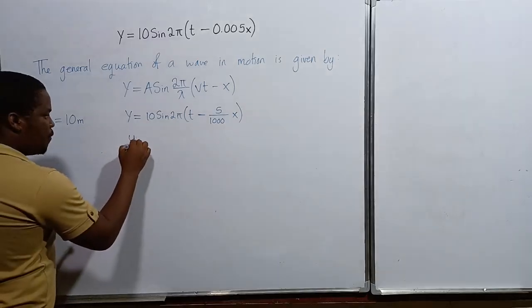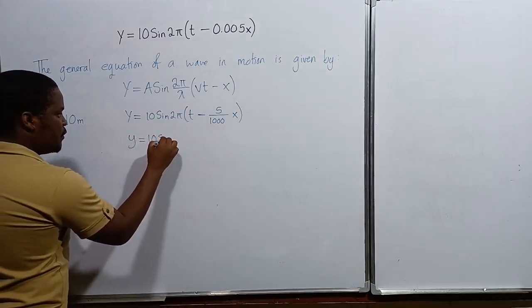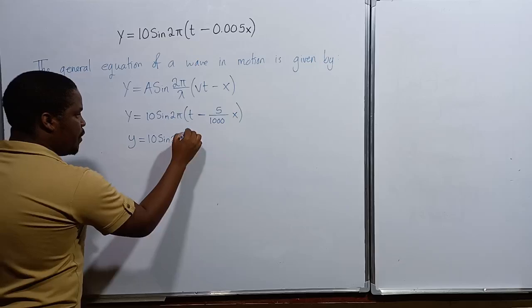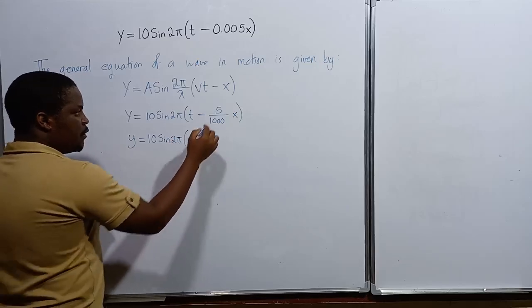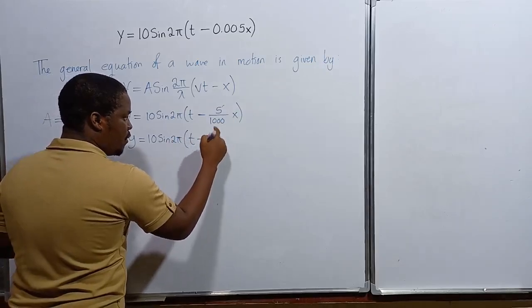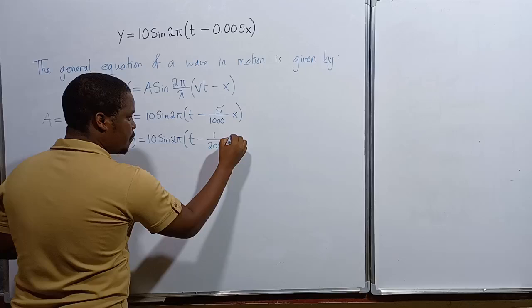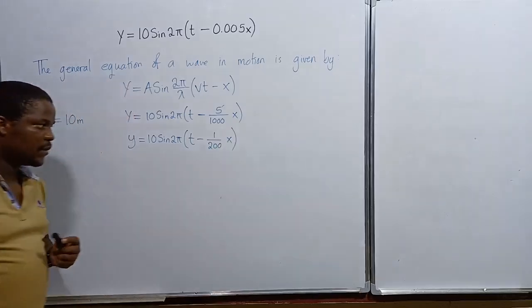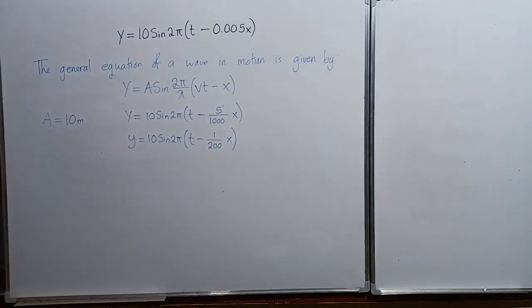So y equals 10 sine 2 pi t minus, 5 goes into 5 once, 5 goes into 1000 200 times, and we have x. Remember, we only want x. So how do we get rid of the 200? We need to factor it out.